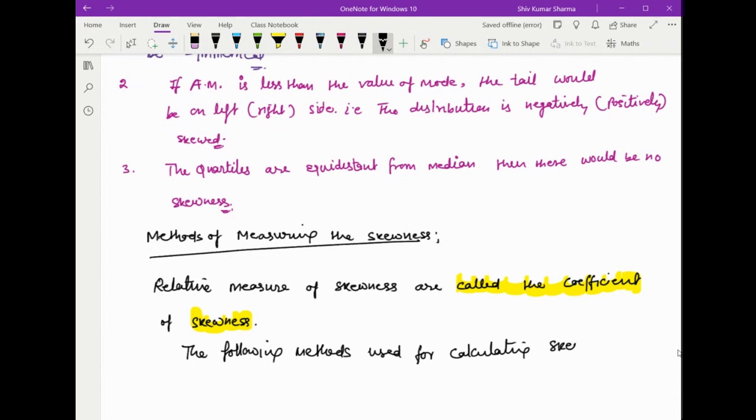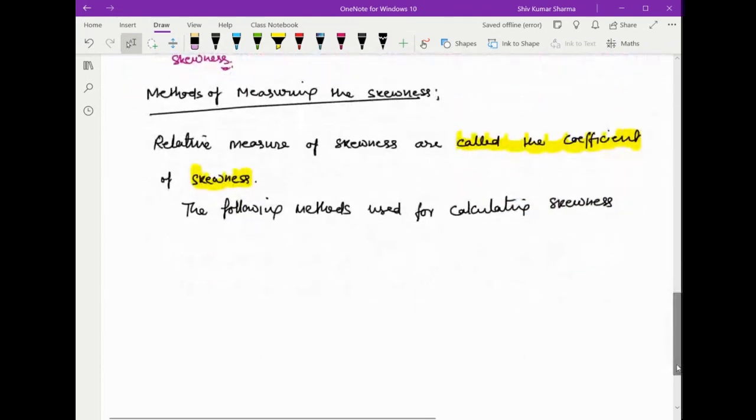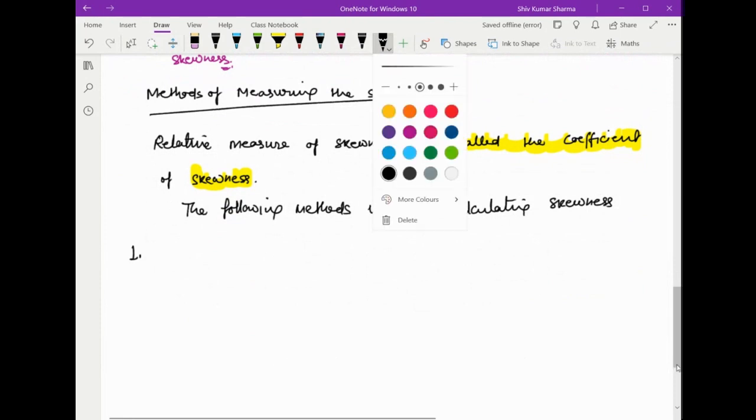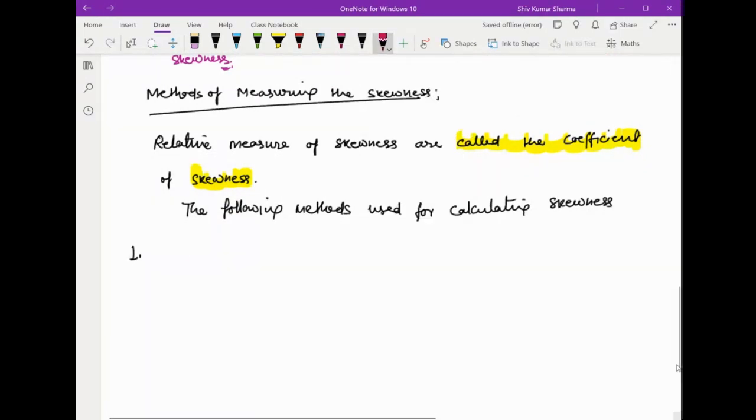Method 1 is Karl Pearson coefficient of skewness.